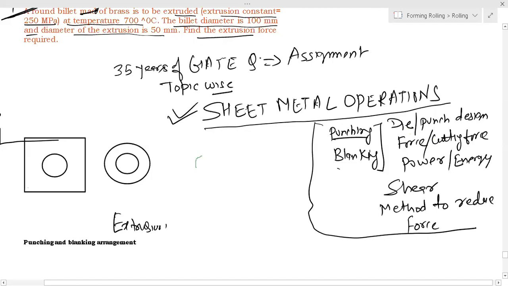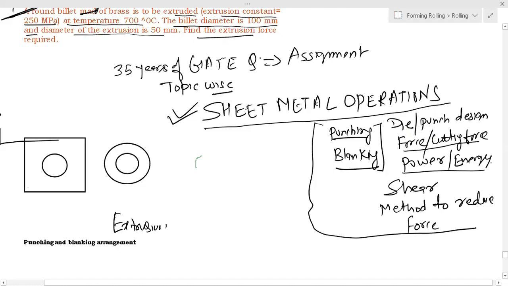In sheet metal operation, basically we will study punching and blanking. What is the punching operation, what is the blanking operation, how do we design the die or punch for punching and for blanking, and what is the cutting force, how much force will be required to cut the material to punch a hole or to blank.